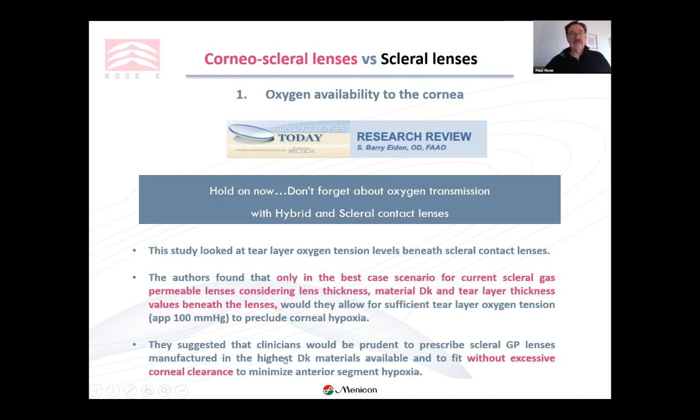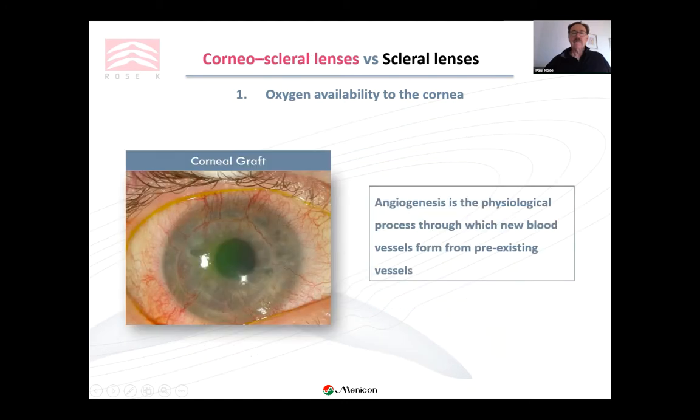What they were saying at that stage was: use the highest Dk materials and try to keep your tear layer thickness to a minimum to minimize hypoxia of the cornea.